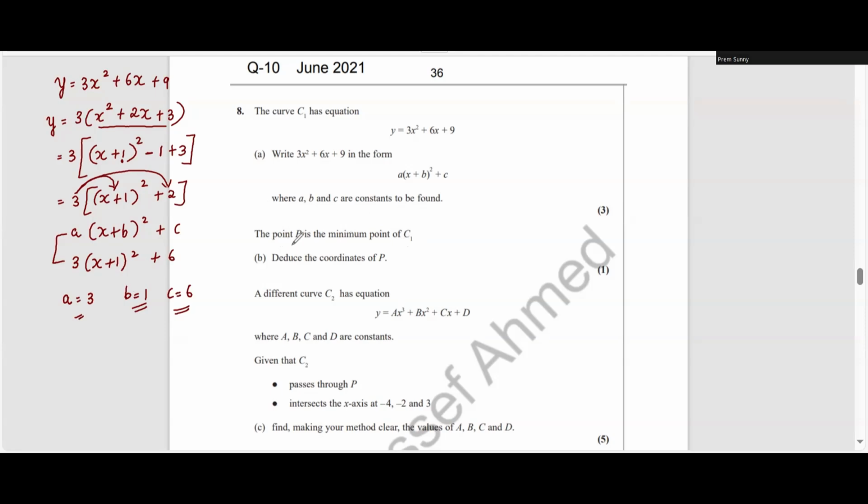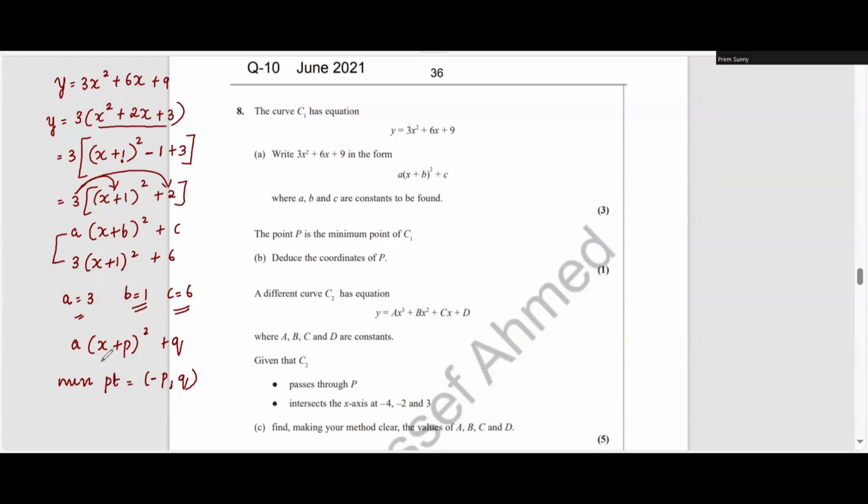Now it is given that the point P is the minimum point of C1. So if we have expressed the quadratic in terms of the completing the square method, now suppose we have a into x plus p the whole square plus q, then the minimum point will be minus p comma q.